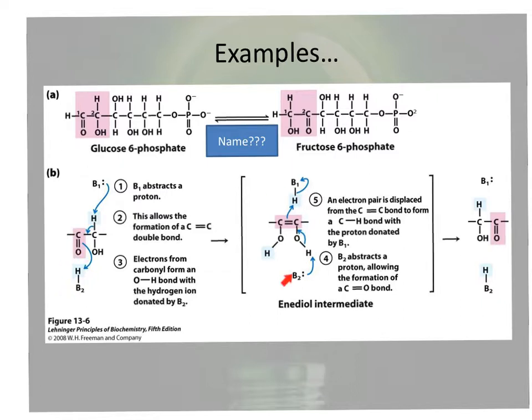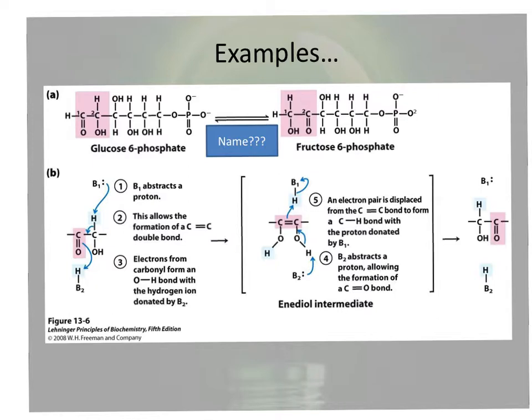So you make this enediol. Okay, enediol right there. And then you just get the reversal. The base gets its hydrogen back, and then it takes the hydrogen from what will be the general acid. And so you just swap places.